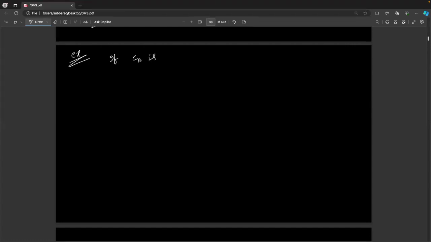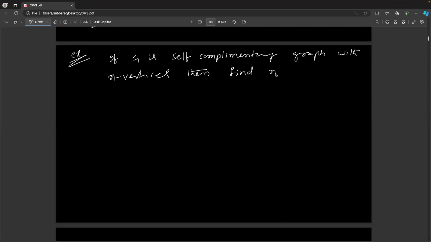If G is a self-complementary graph with n vertices, then find the number of edges present in G. Can you complete this problem?